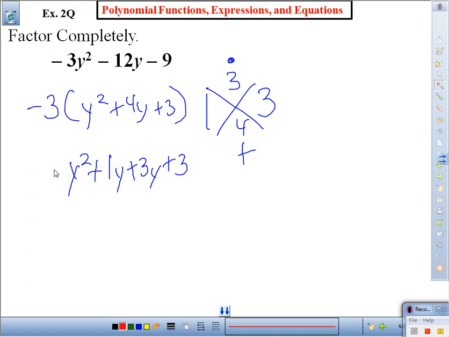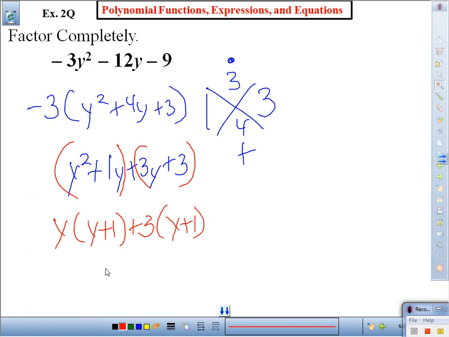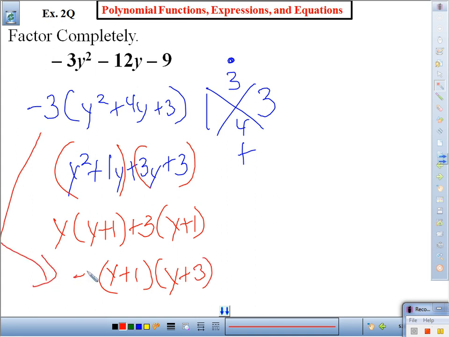Group. This is y plus 1 plus 3, y plus 1. Factors are y plus 1, y plus 3. Don't forget your BFF. 3. These are my factors.